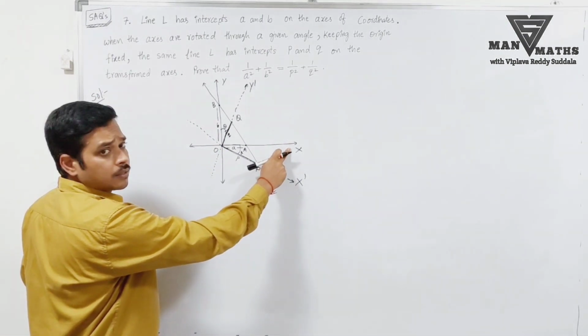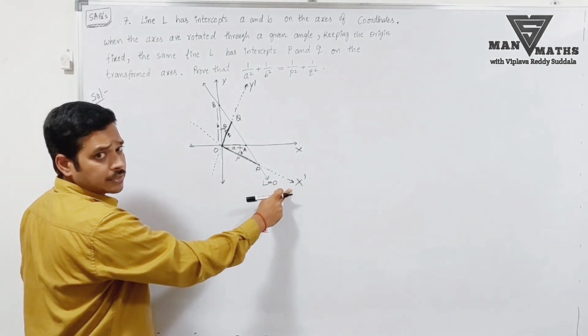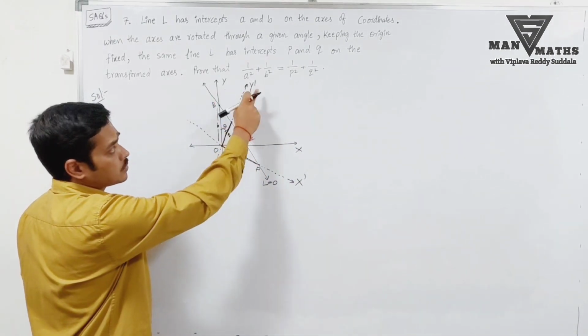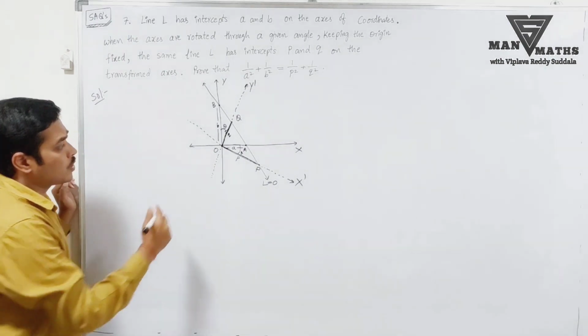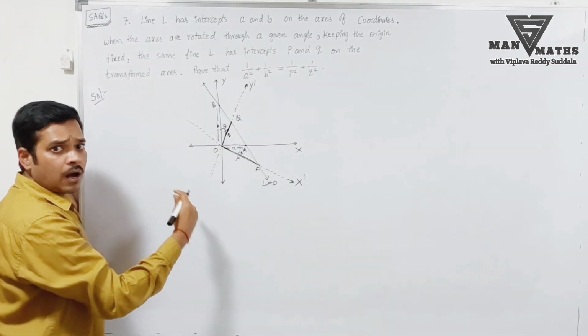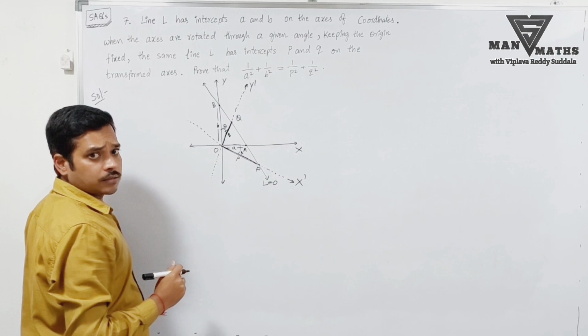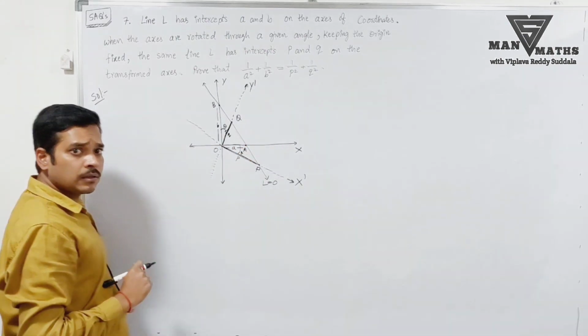Capital X changes to capital X dash. Capital Y changes to capital Y dash. The position of the origin before the rotation and after the rotation did not change, and the position of the line also did not change.